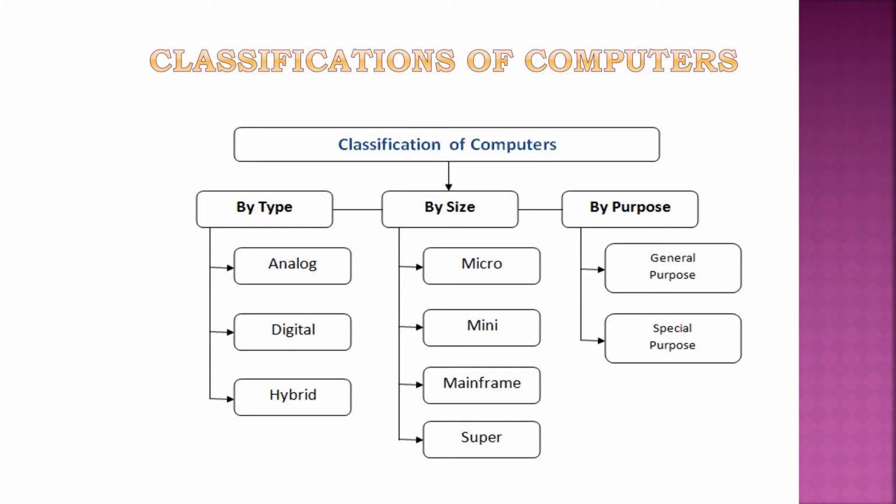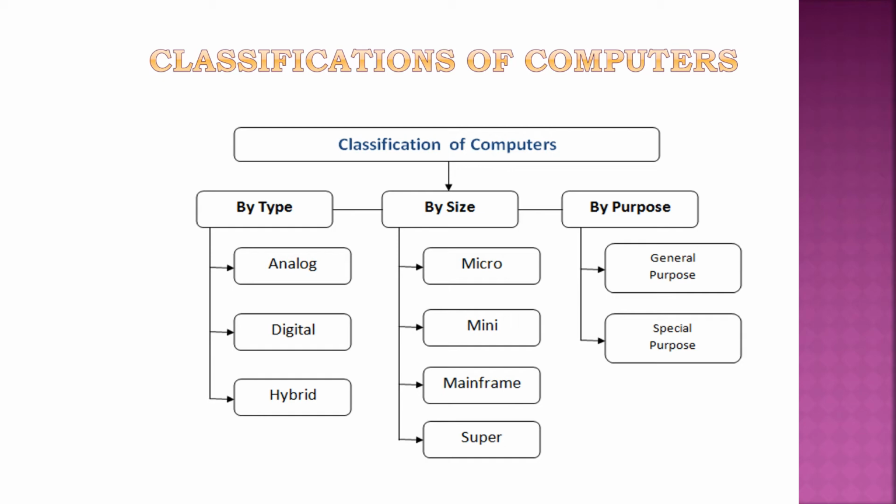After seeing the generations of computers, now we'll look into the classifications of computers. There are different types of computers available these days. The function of each type of computer is to process the data and provide some output to the user.